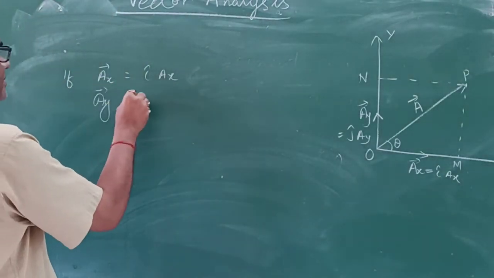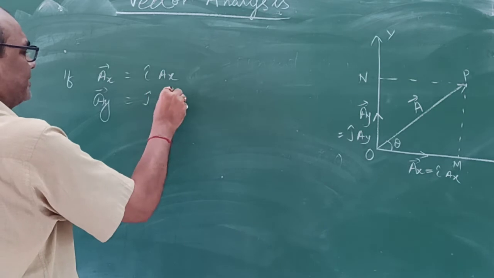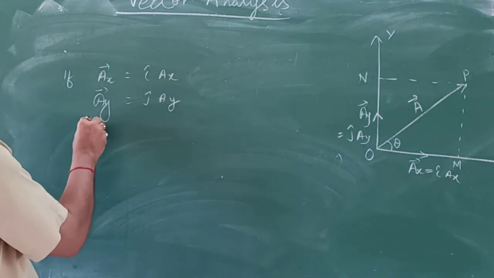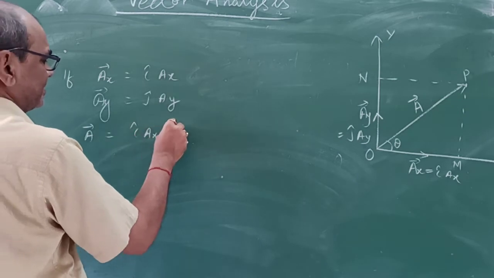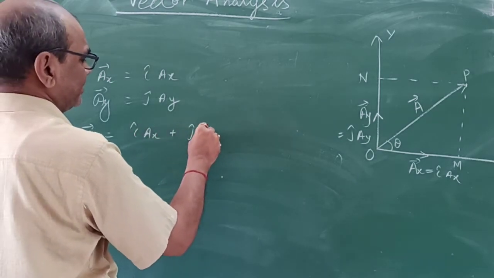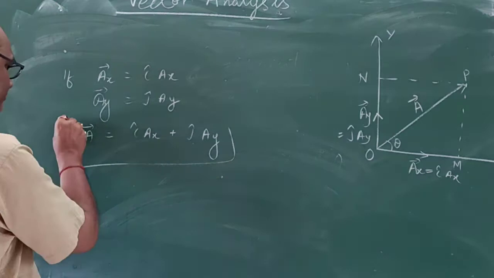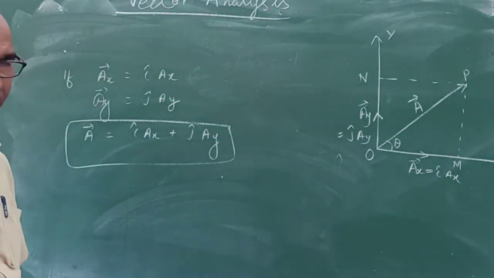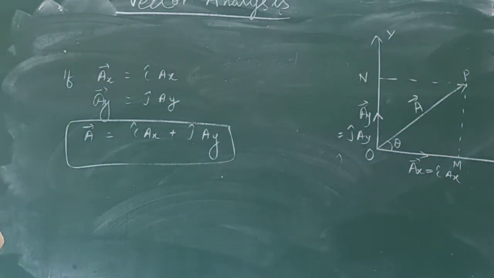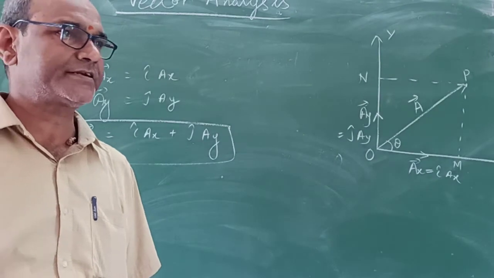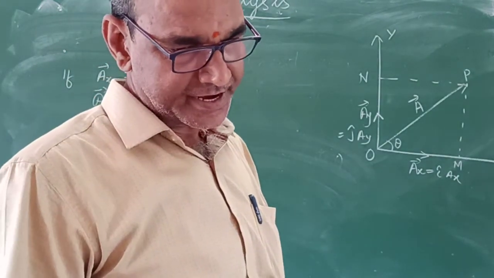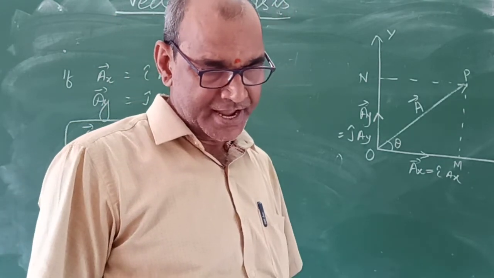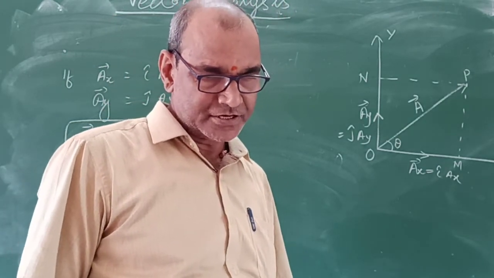So i cap is the unit vector acting along x-axis. j cap is the unit vector acting along y-axis. Is it or not?